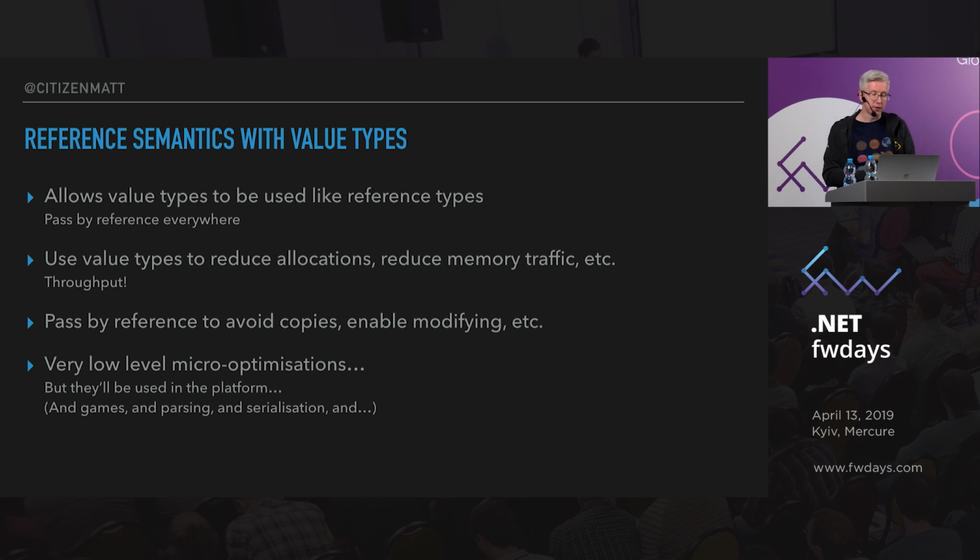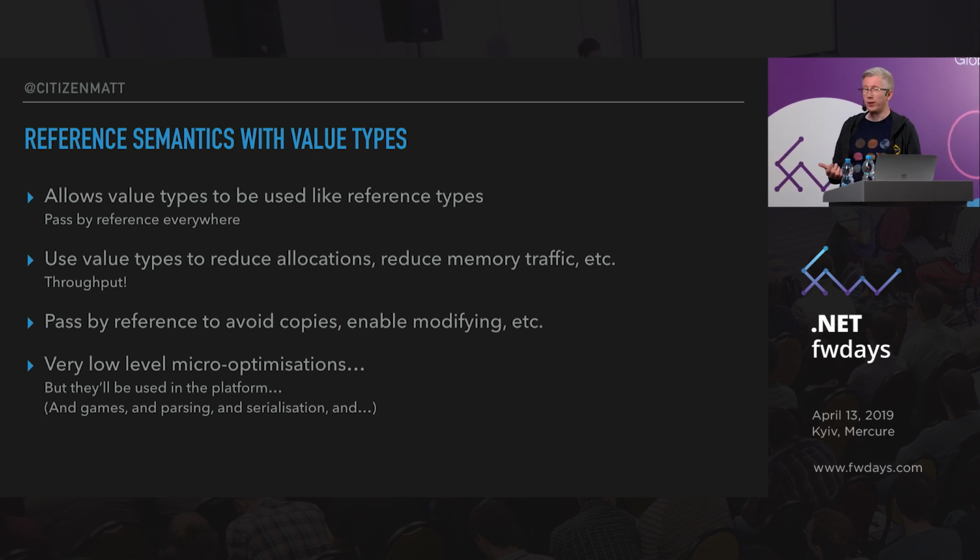So passing by reference also allows us to avoid copies. And that allows us to modify things as well, so we can use our structs. We've always been able to pass structs into functions, but now this set of features altogether allows us to work much more nicely with it and enables us to modify data and work well with value types.